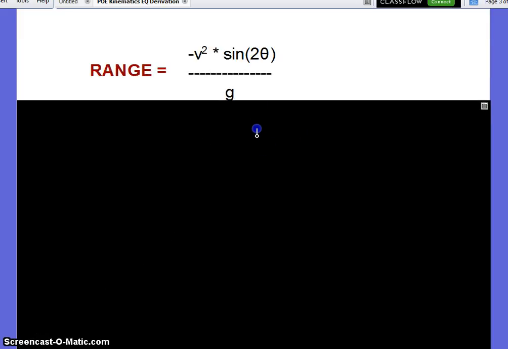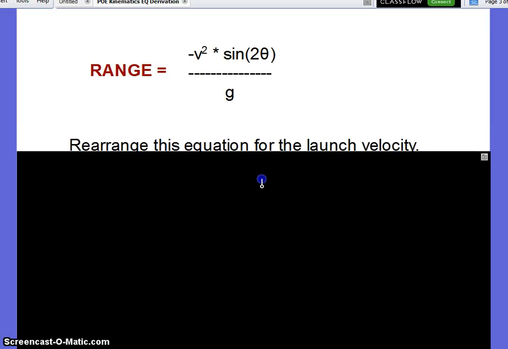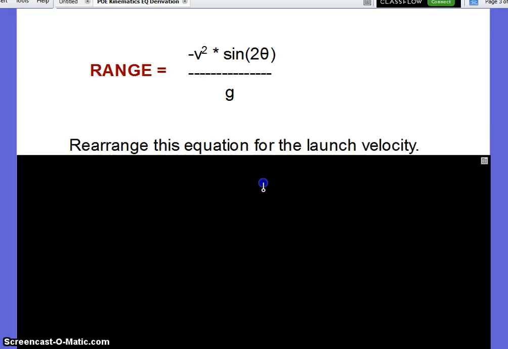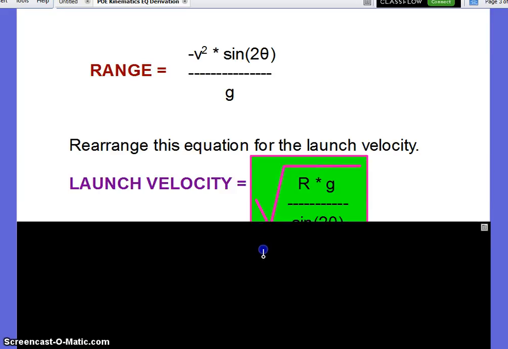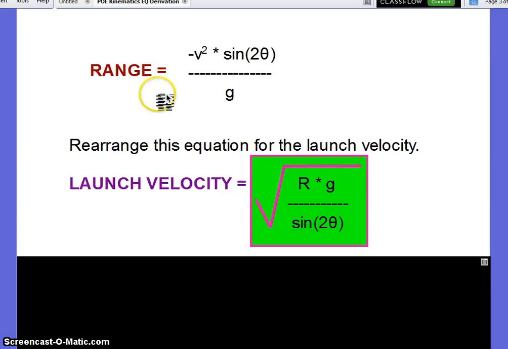So if we have this expression for range, we can work it around and solve it for launch velocity. If you were to take this expression and solve for launch velocity, you wind up cross-multiplying the range and the acceleration due to gravity, then dividing by the sine of twice the angle.